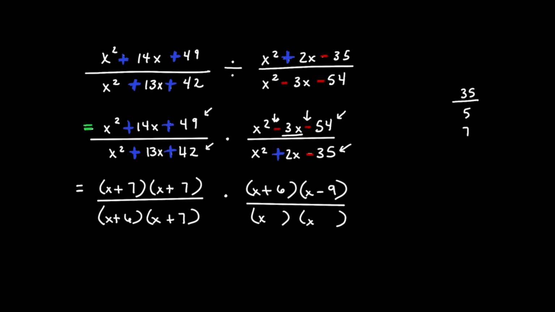We have 5 and 7, 35 and 1, I think 5 and 7 will do it. It's a positive 2x, so we want our higher number to be with the positive sign, so x plus 7 and x minus 5.